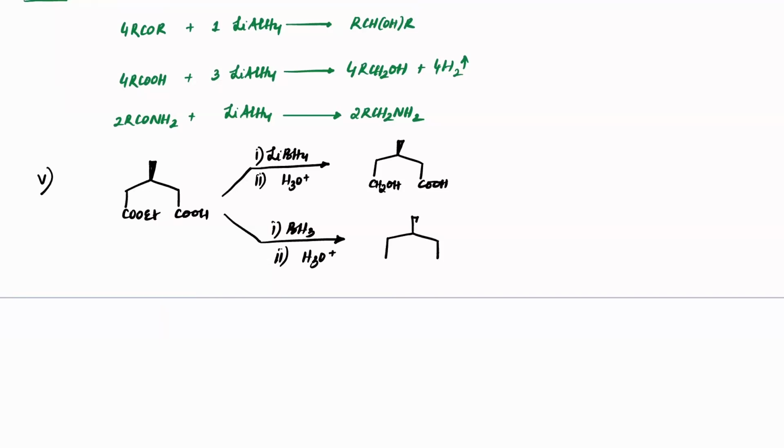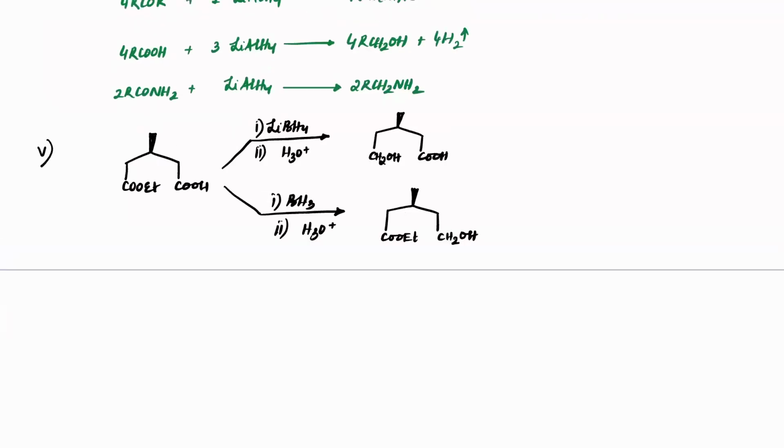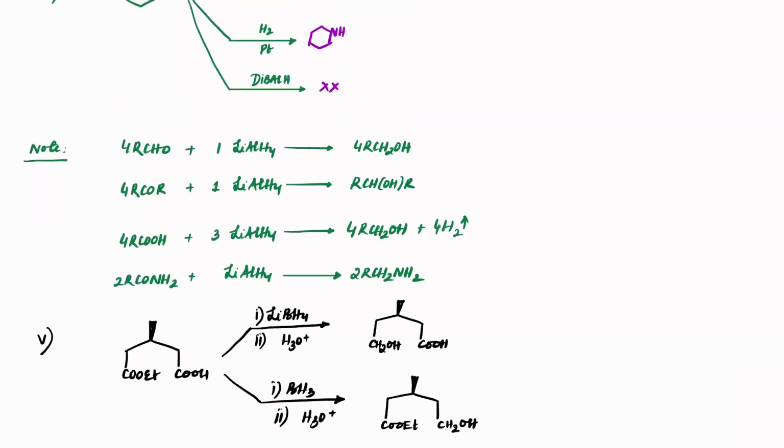BH3 is specifically designed to give no reaction with esters but reduces acids to alcohols. So this is the product that you will get. Keep this in mind. I suppose these questions are clear, everybody. Please go through them once quickly. Check out the third, fourth, and fifth. Please check.